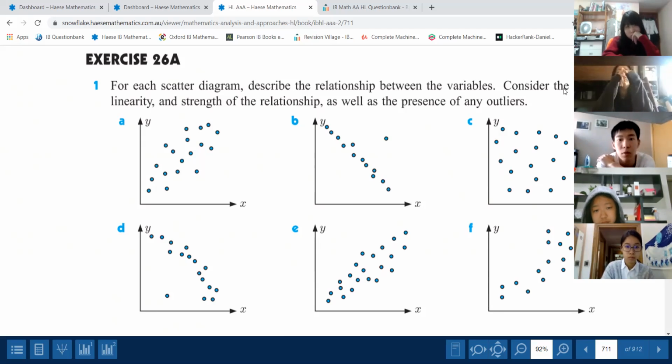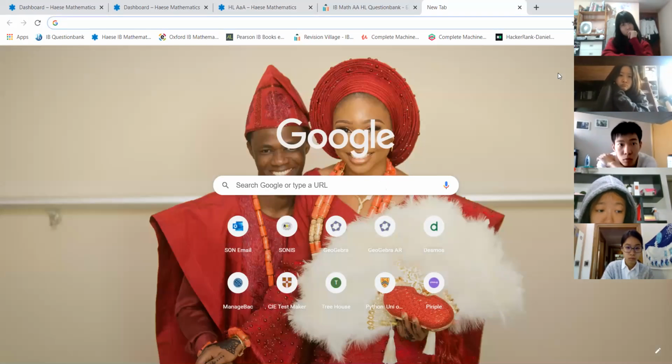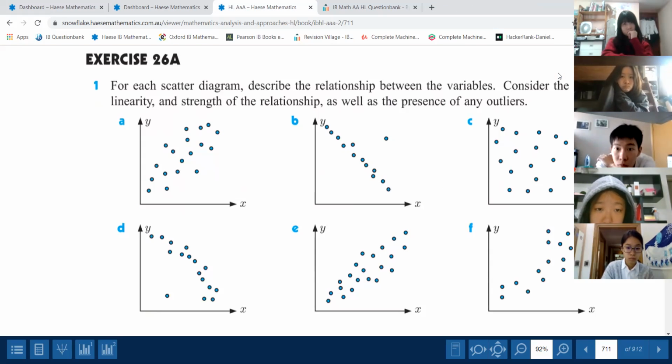You see, there's nothing like a causal or non-causal relationship here. Can somebody tell me why? Anyone? Because you can't see that from the graph. Why do you think so? There's a particular reason why.